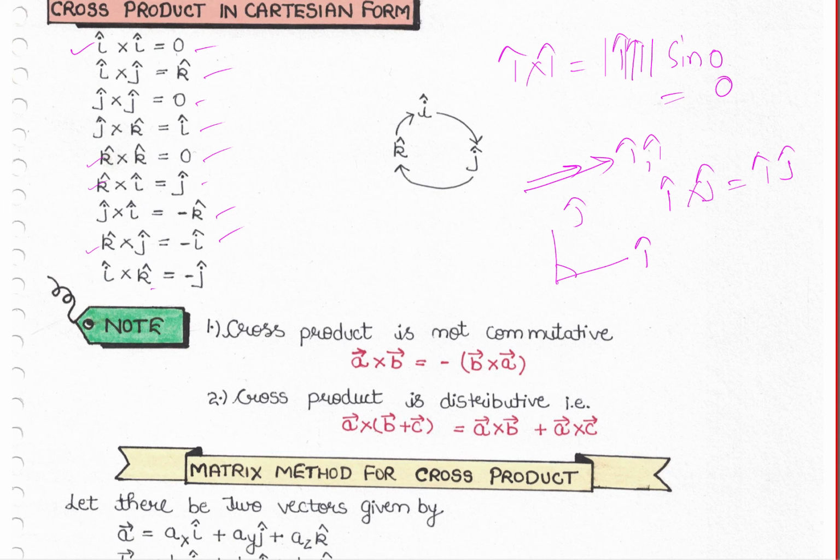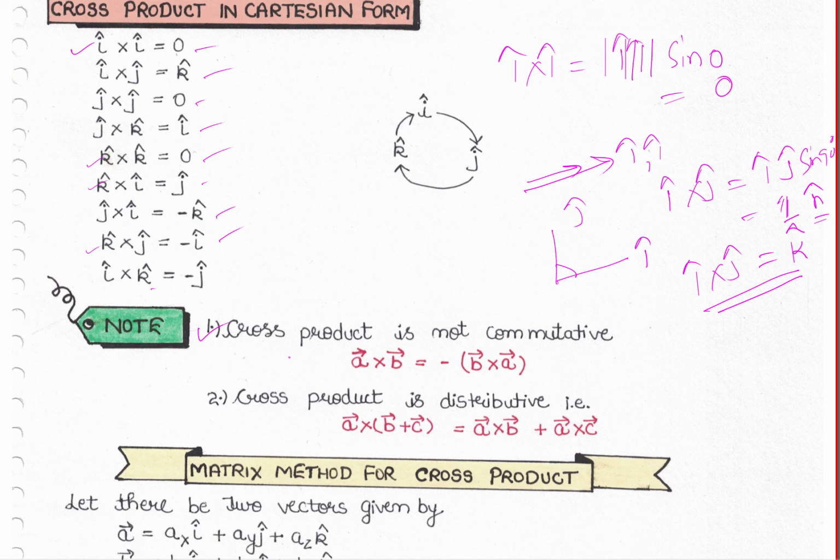The angle between these is sine 90 degree. So i j is equal to 1. And due to the direction n cap, which represents along z axis or k cap, so we can write i cross j is equal to k cap, and this is using right hand thumb rule.